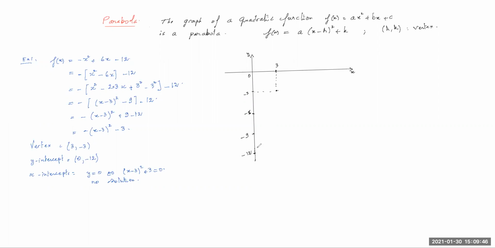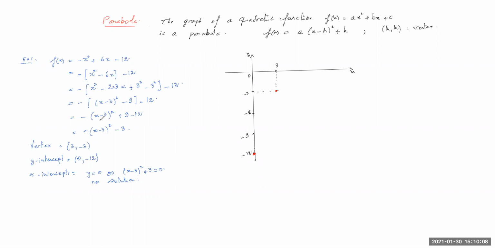Then I have the y-intercept. Let's use the red color. We have this point, the y-intercept, and there is no x-intercept. So I can carve the shape of the parabola. We know it, so I need just two extra points.